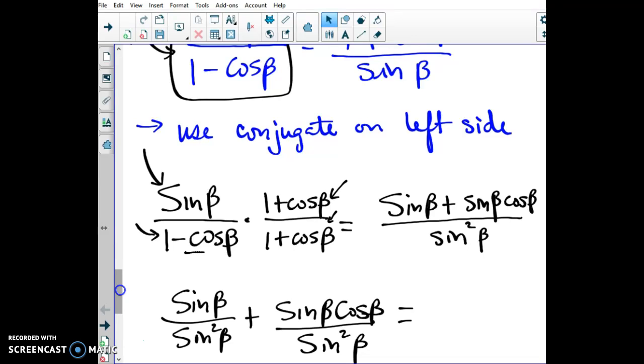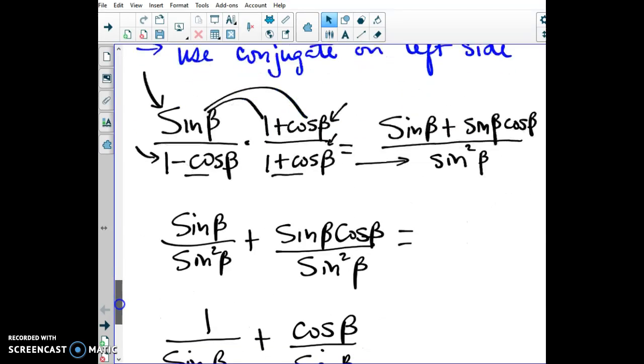We get 1 minus cosine beta, 1 plus cosine beta, which we know multiplies to 1 minus cosine squared, which gives us sine squared beta. On the top, we get sine beta times 1 plus sine beta times cosine beta. So let's go ahead and look at what we've got now.